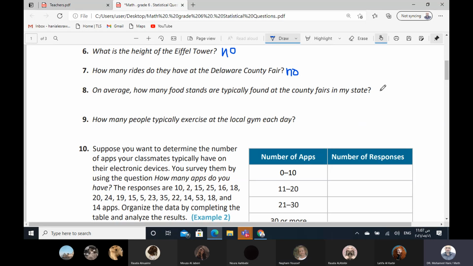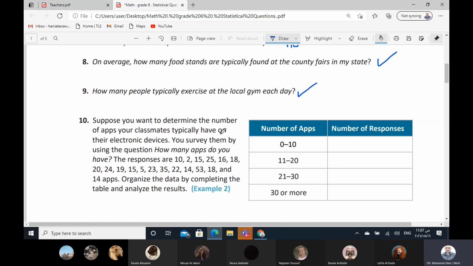Statistical. How many people typically exercise at the local gym each day? Statistical. Great.